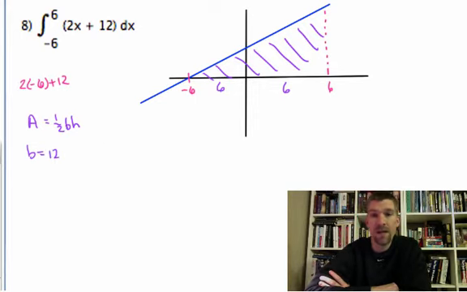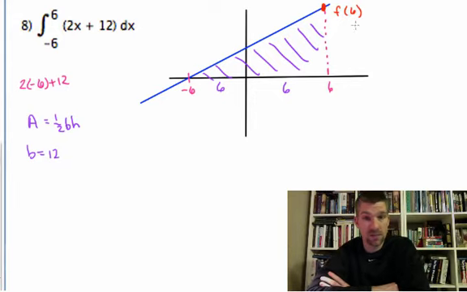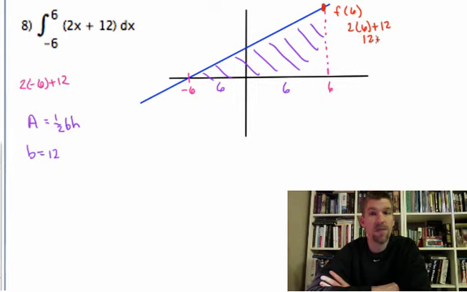Now, how do I find the height of my triangle here? Well, I need to know what the function is when it's evaluated at 6. So I need f of 6. What is that? I just do 2 times 6 plus 12. I'm just going to work that out real quick. And that's going to give me 24. Okay, 12 plus 12 is 24. That's my height. So guess what?